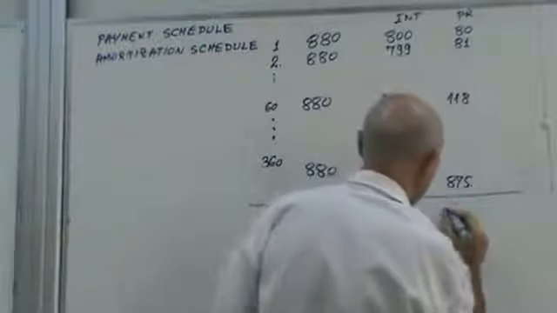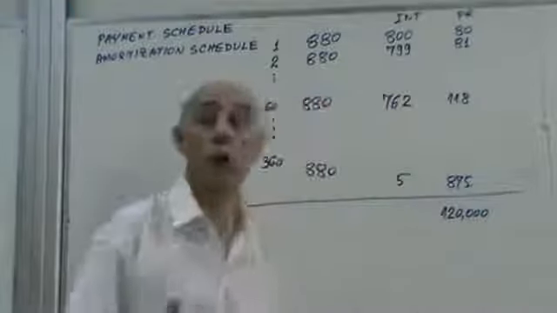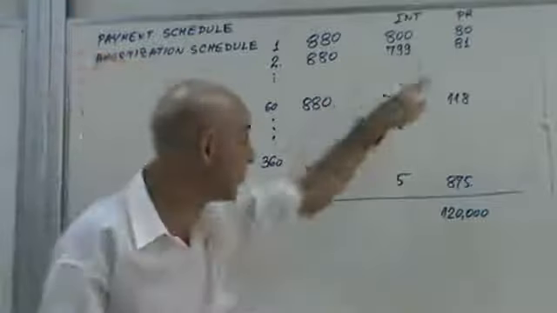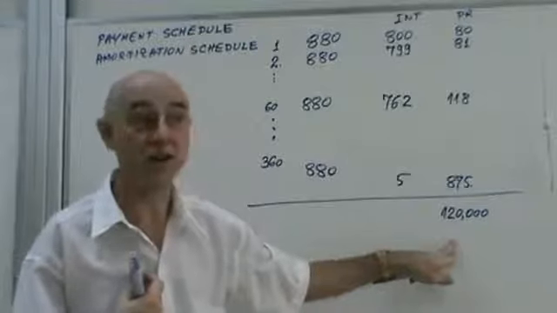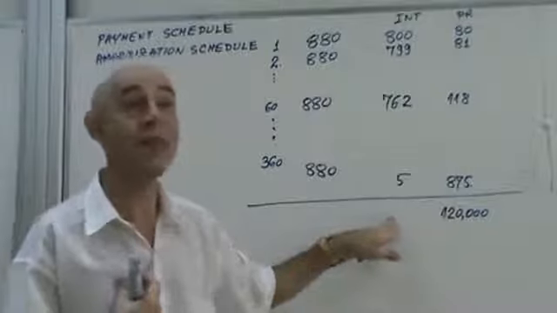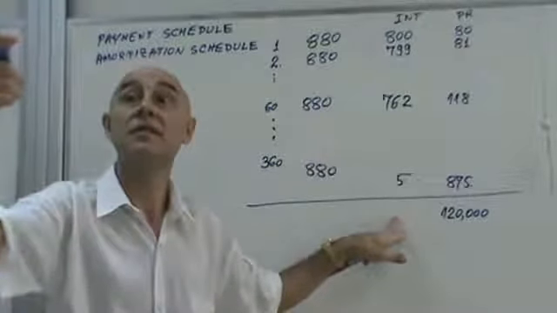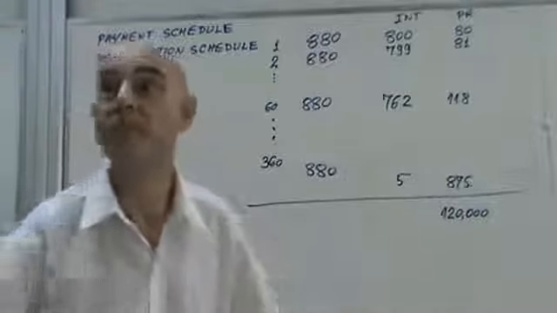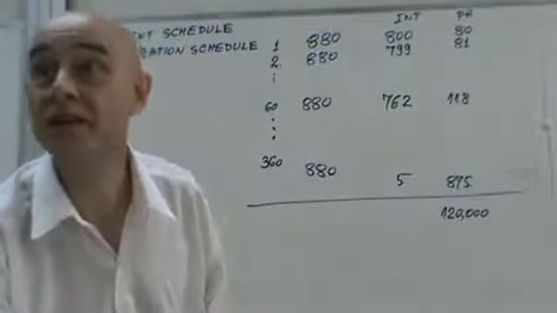This was a $120,000 loan. So you paid for yourself against your principal 120. So you got out of the loan 120. How much did the banker get out of the loan? 196, right?